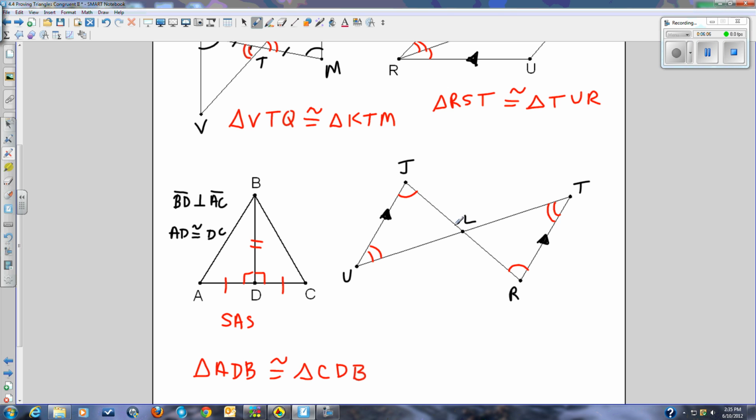And we also know that vertical angles are congruent. But wait a minute, all this tells us is that three angles are congruent. We also need a side in there to show that these triangles are congruent, and we don't know anything about the sides. So we're just going to have to say that there is not enough information. Let's move on.